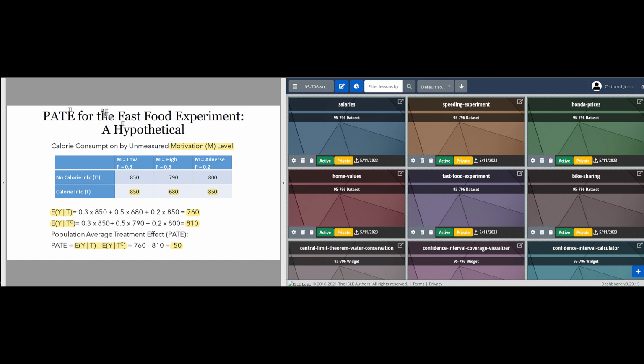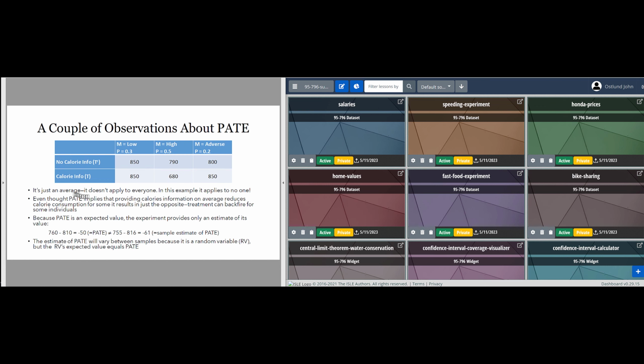All right. Now, so that's what the PATE is. It is just an average. Okay, it doesn't apply on an individual basis. In fact, this is maybe a little bit of an extreme statement that it applies to no one, but these numbers are all averages.